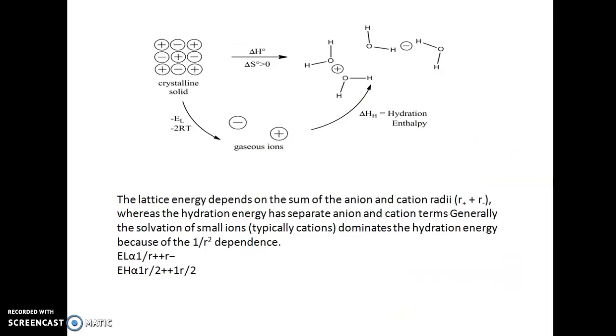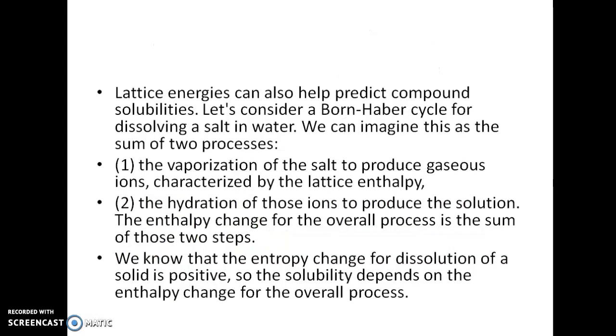This is related to the fact that the lattice energy depends upon the sum of anion and cation radii, R+ and R-, whereas the hydration energy has separate anion and cation terms. Generally, the solvation of small ions, typically cations, dominates the hydration energy because of the 1/R² dependence. This lattice energy helps us to predict the compound solubilities.